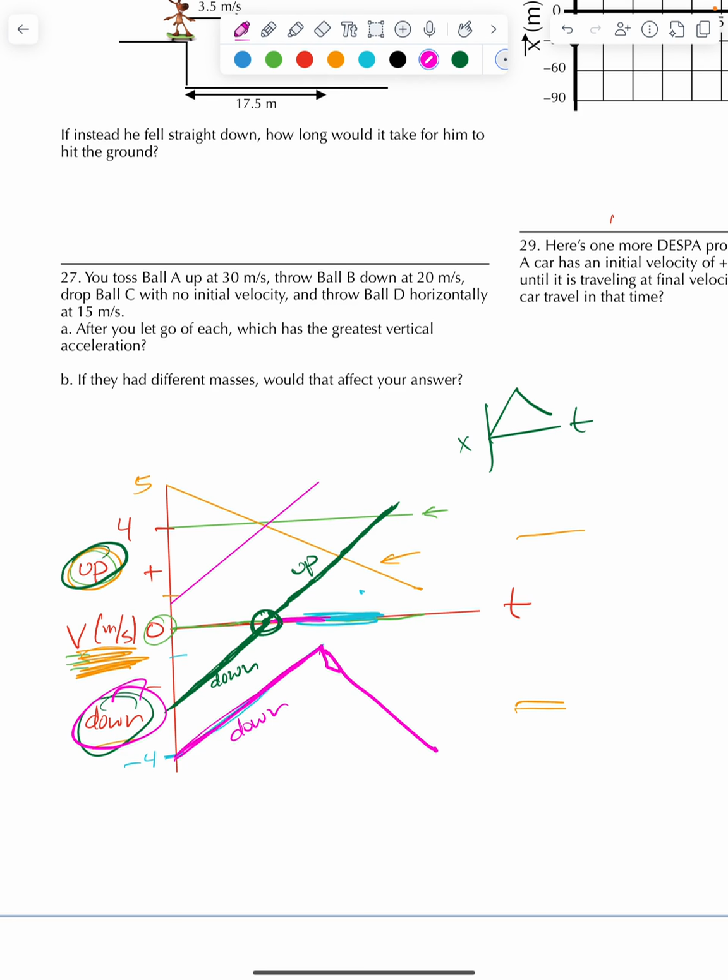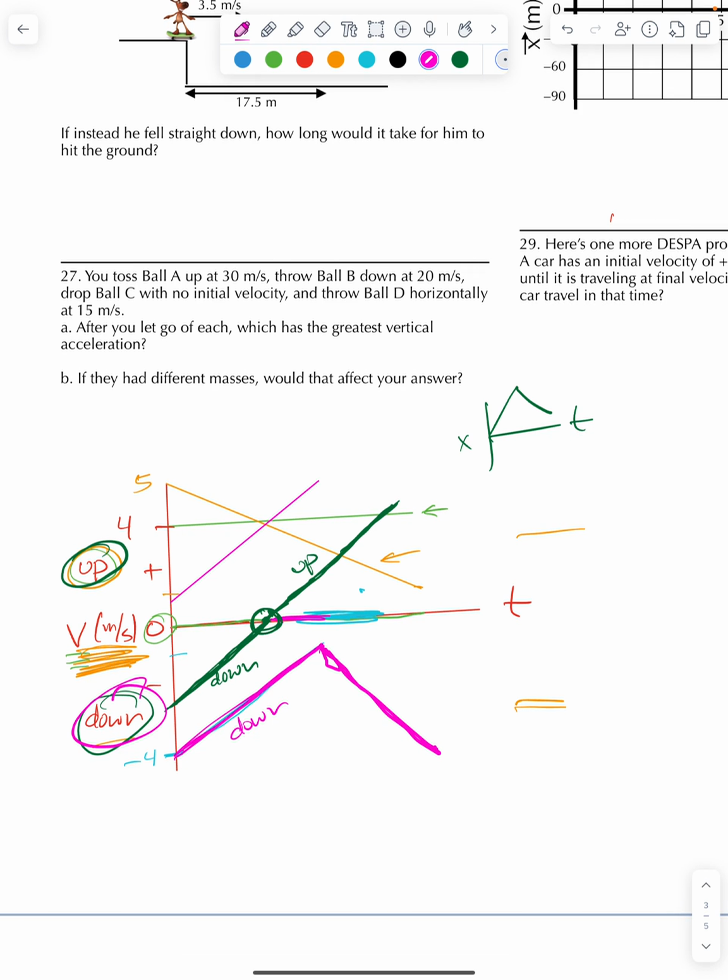But then when I get to here and I move this way, am I changing direction? No, I'm still heading in the down direction. So I'm going down the whole time, but here I'm slowing down. And then suddenly I'm speeding up, but I'm heading down the entire time. Sorry about my handwriting. So these are tricky.